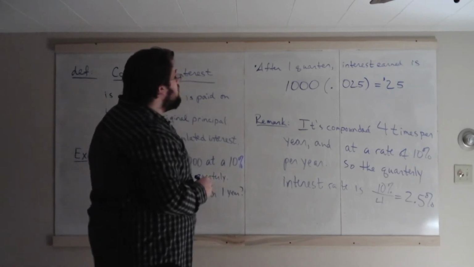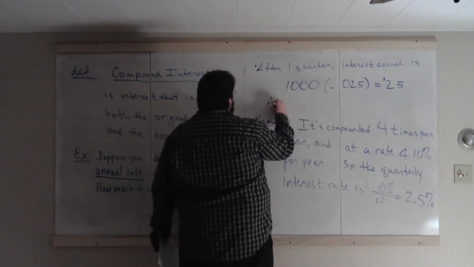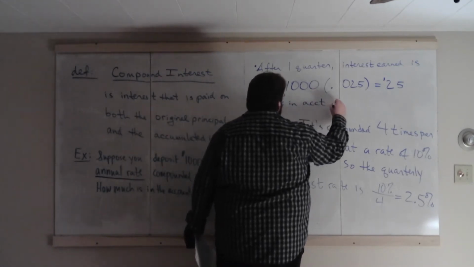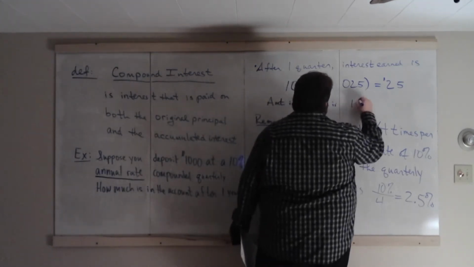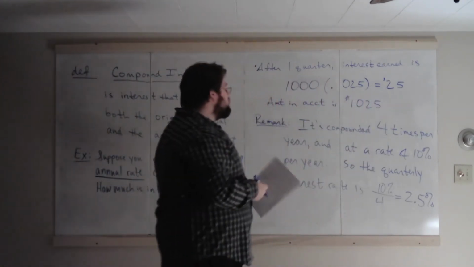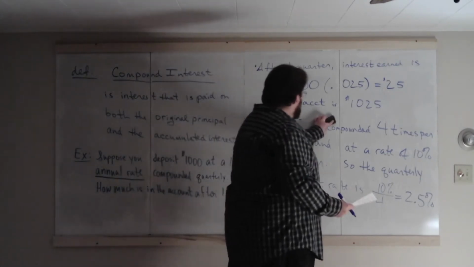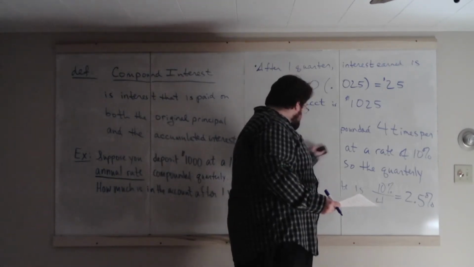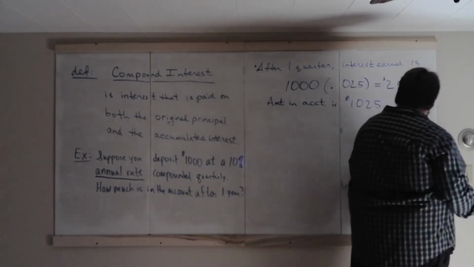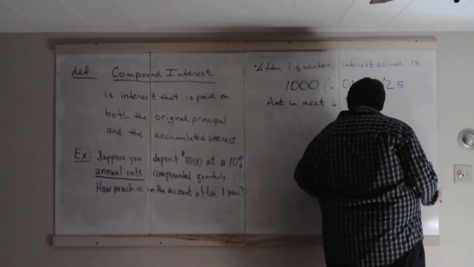So after 1 quarter, you earn $25, and the amount in the account is what? 1,000 plus 25, so $1,025. So here we played with the rate. And now I'm going to erase it because this is going to be the same rate for each quarter. And overall, that does add to 10% for a year.